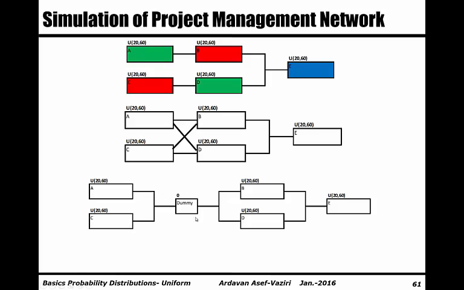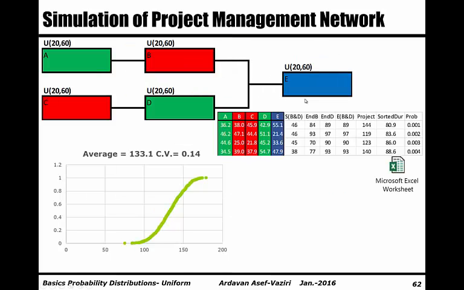And the dummy activity takes 0 time, and we cannot start B and D unless the dummy, which takes 0 time, is finished, and then E could start only if both B and D are completed. All of them are representing the same logic.